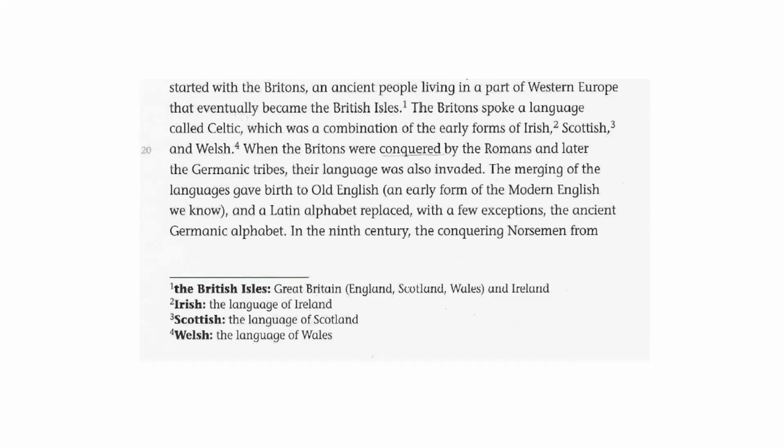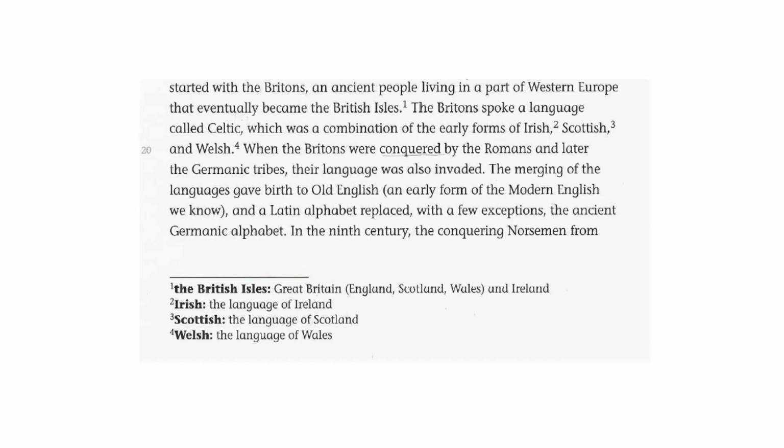So anyway, this Celtic was a combination of the early forms of Irish, Scottish, and Welsh. When the Britons were conquered by the Romans and later the Germanic tribes in what would later be called Germany, their language was also invaded.